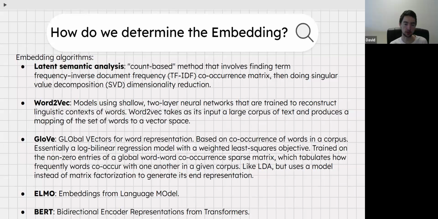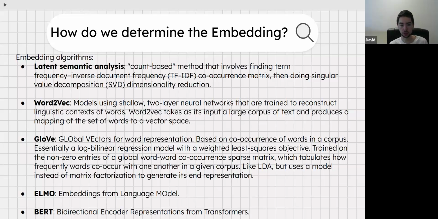Basically all these will convert a one-hot encoding representation of a word, which is a sparse vector, to an embedding representation, which is a dense vector that has more semantic information about the relations between words. And yeah, so there's all these embedding algorithms to generate the embedding.